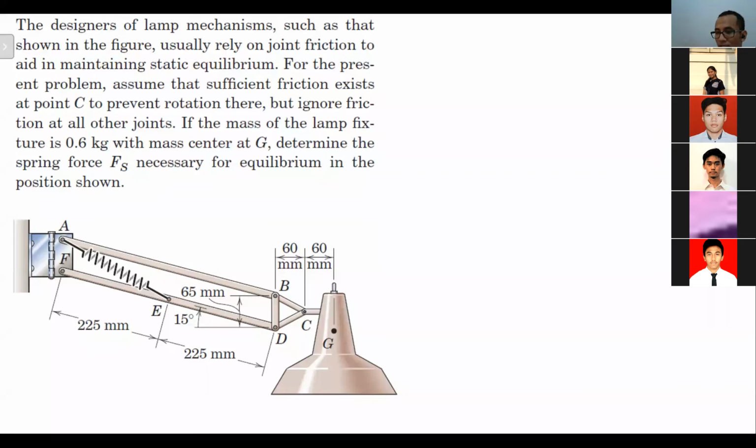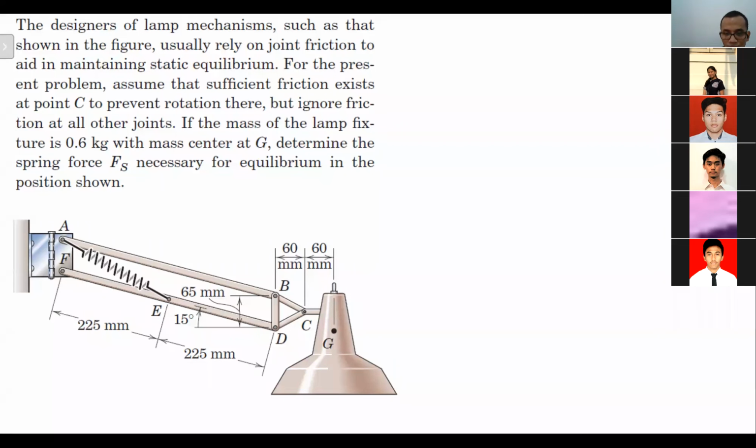Do you understand the problem, Faiz? I think so. Okay. The rest of the class, please try to understand it as well. We should state the two force members first, sir.